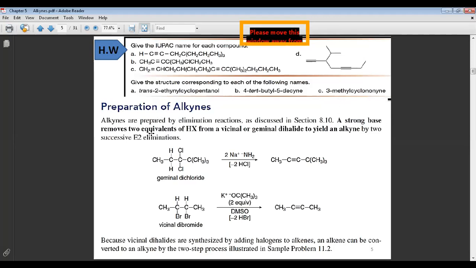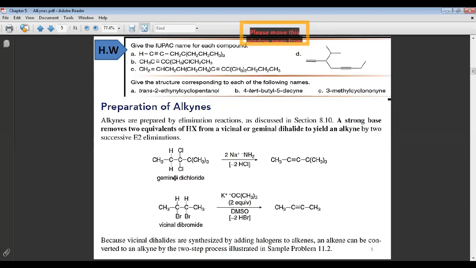A strong base removes 2 equivalents of HX from a vicinal or geminal dihalide to yield an alkyne. We said vicinal before: that means the 2 halogen atoms are on neighboring carbons, 1, 2, neighboring carbons.